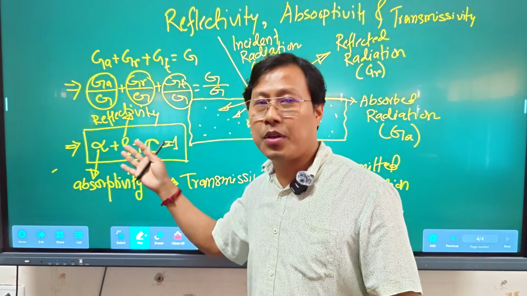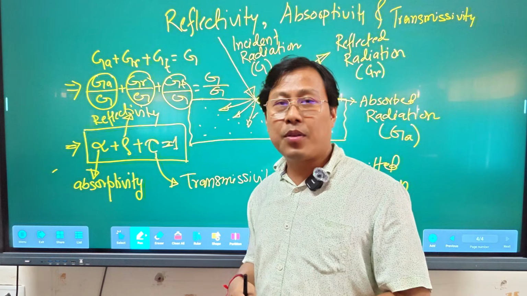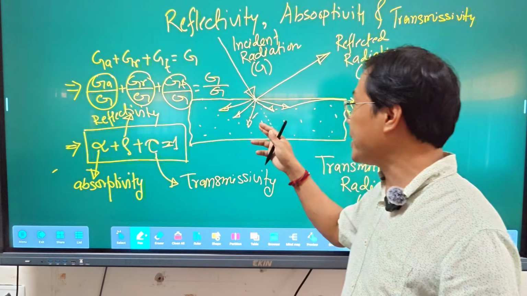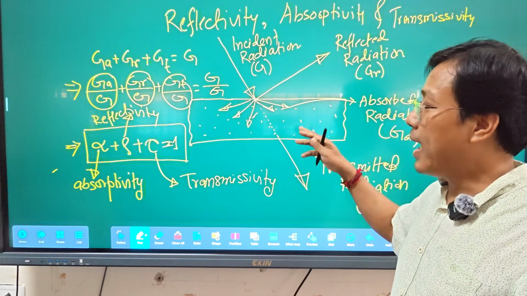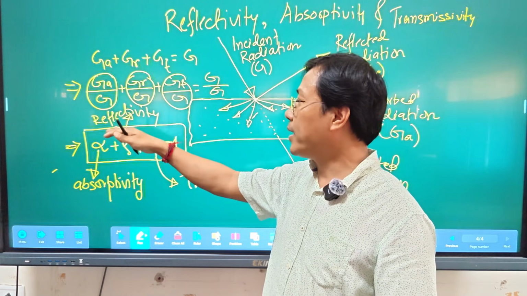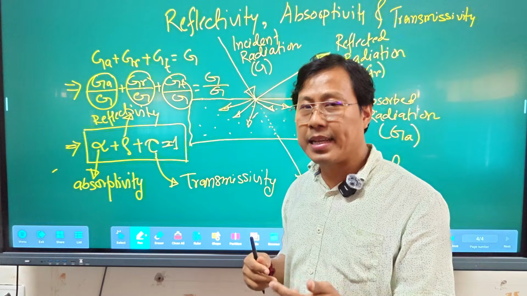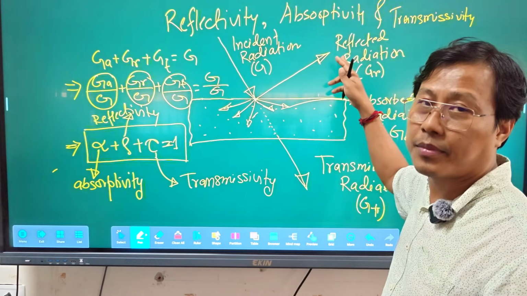From this equation we can understand that absorptivity is a property of the material representing the capacity to absorb radiation. Similarly, reflectivity of a body represents its capacity to reflect radiation.